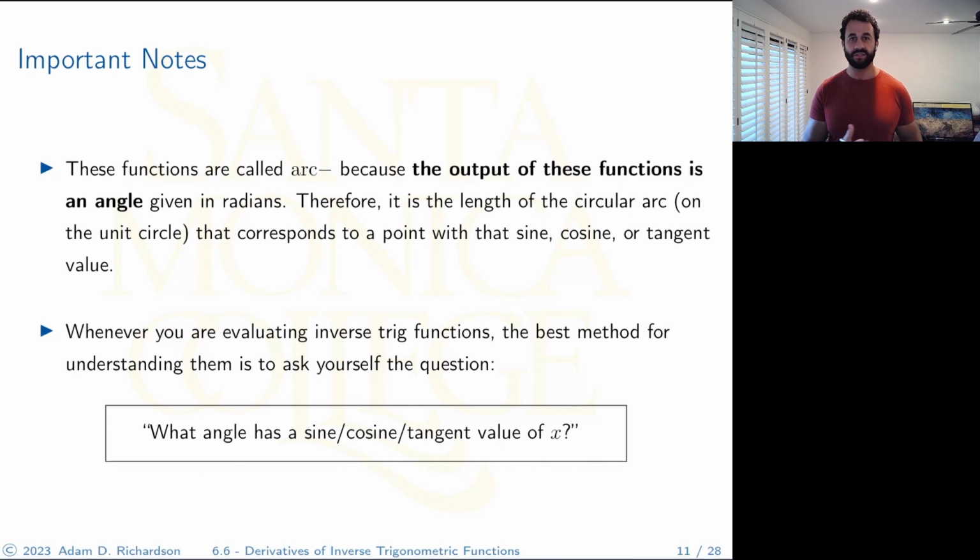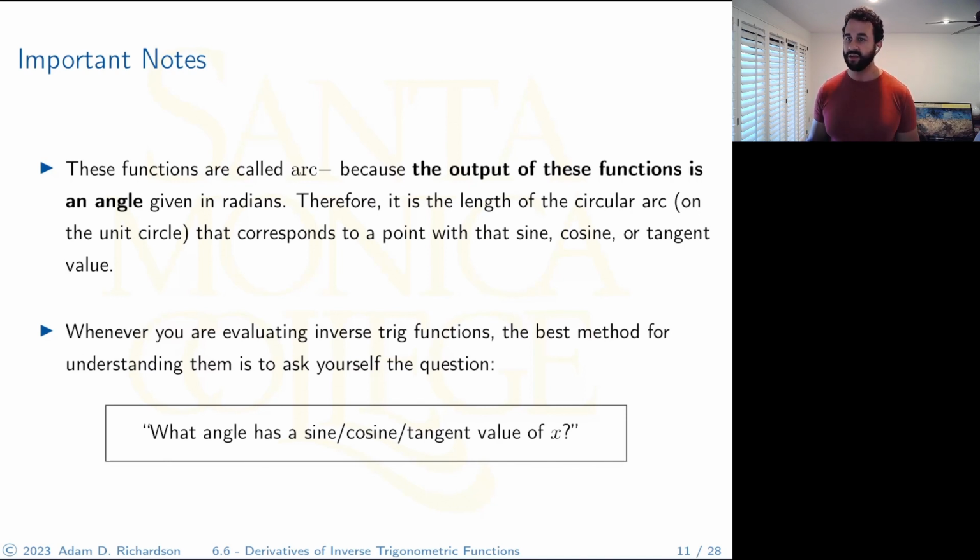This is one of the reasons radians are so nice, because they correspond to arc lengths. That's why they're called arc sine and arc cosine and arc tangent, because that's what they're telling you. They're saying, hey, if you put in this result, it will tell you the arc length. That's what it is.